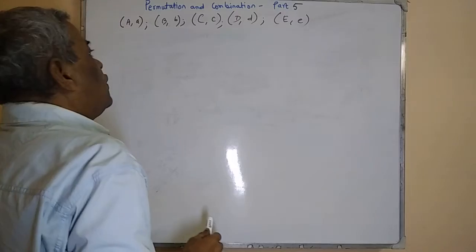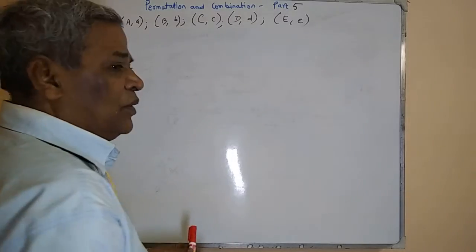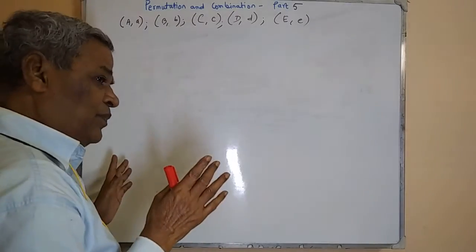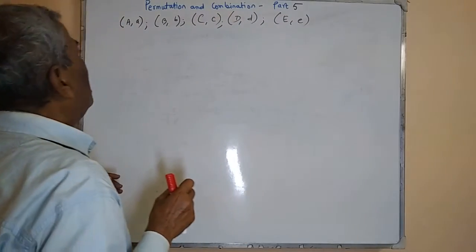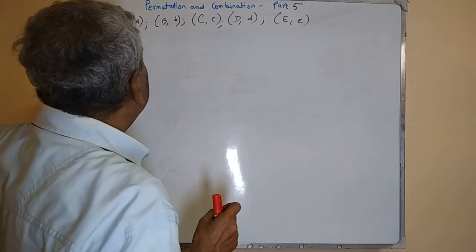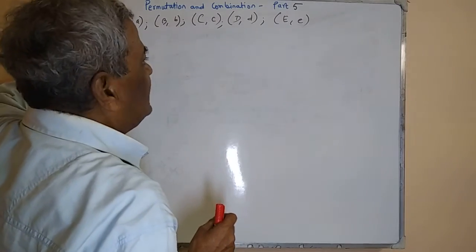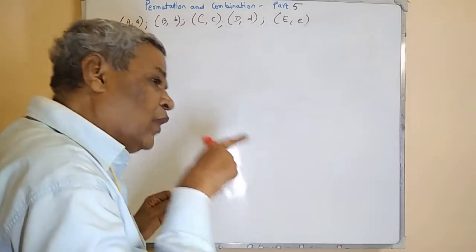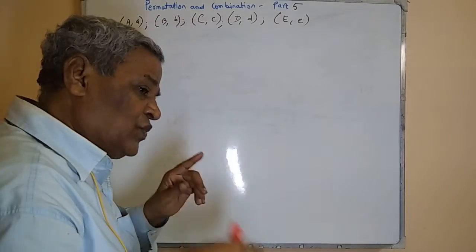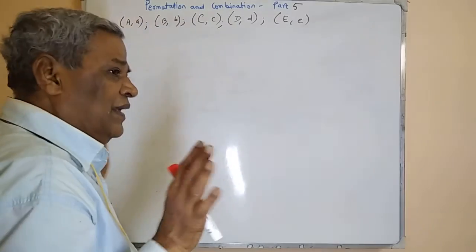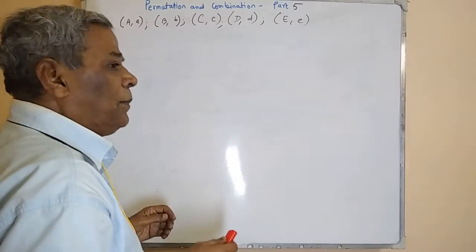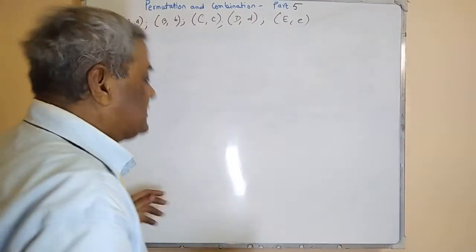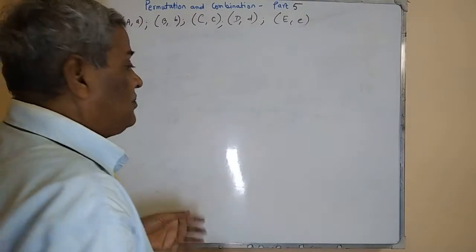Now the question is, in how many ways can tennis doubles teams be formed so that only in one case a husband and his wife are together as team members, only one.